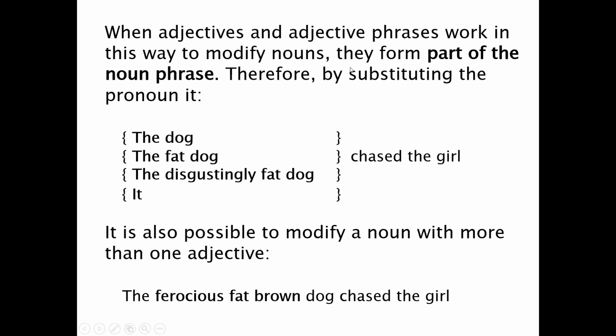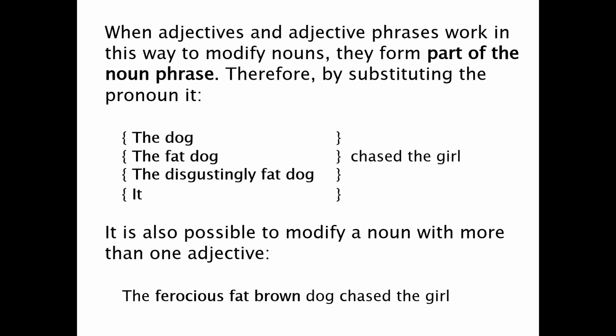When adjectives and adjective phrases work in this way to modify nouns, they form part of the noun phrase. Therefore, by substituting the pronoun it, I would say the dog, it chases the girl. That dog, it chases the girl.